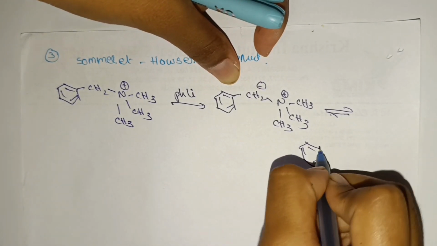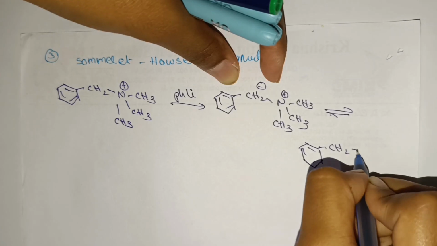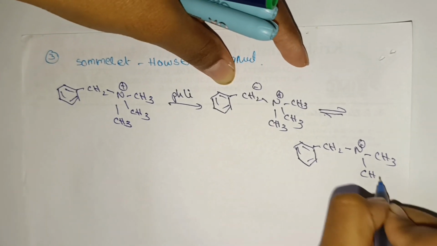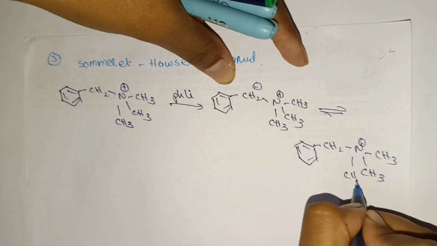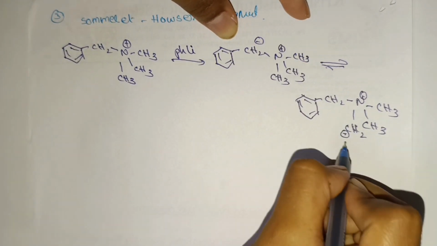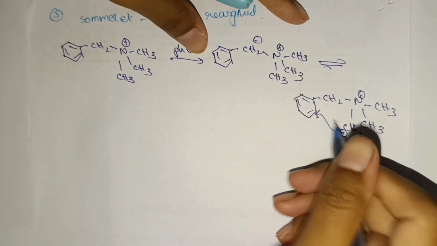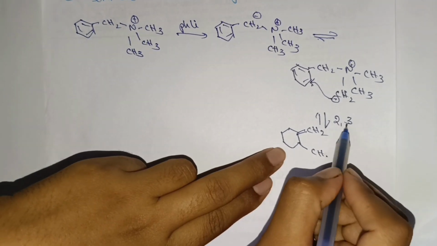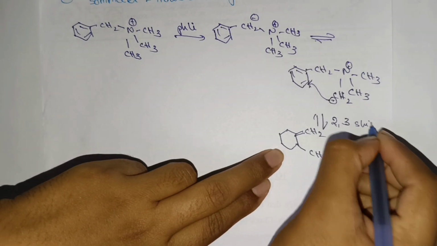After that it forms like this. This negative charge migrates here. Here is a 2,3 rearrangement.